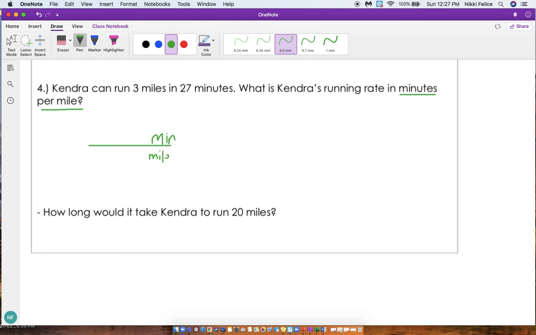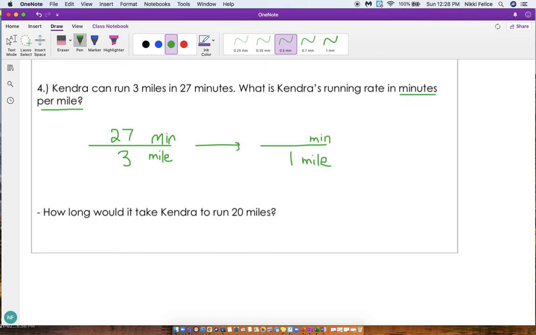Right now, Kendra's rate is 27 minutes for 3 miles. We want to know her running rate in minutes per mile, so we want to know how fast she can run just 1 mile. If it takes 27 minutes to run 3 miles, how long will it take to run just 1 mile?